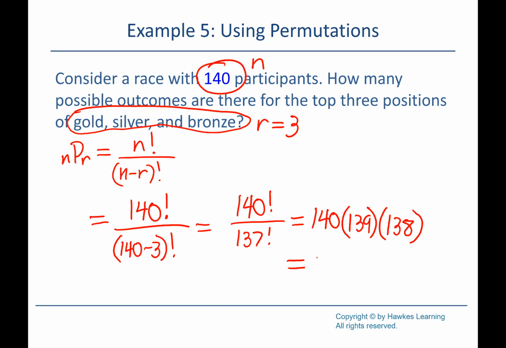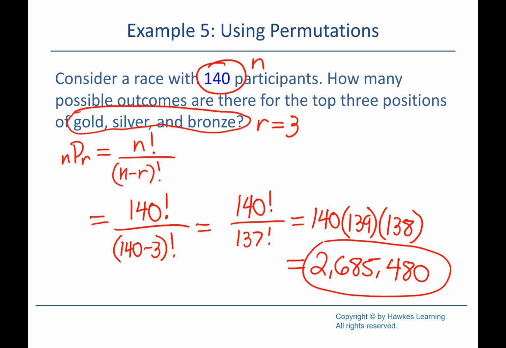Let's see, we're supposed to get 2,685,480 different possibilities. We've got 140 runners, and we're randomly picking the top 3 spots. A bunch of different ways that can happen.